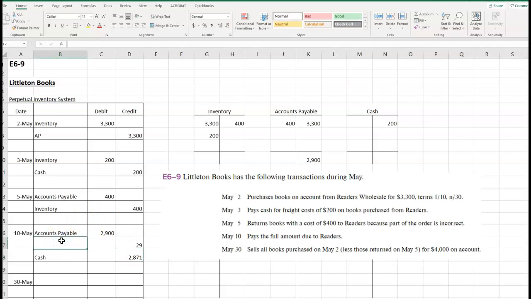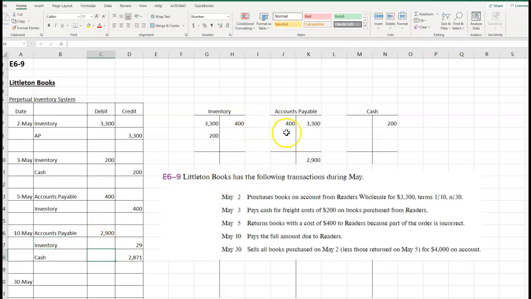That will go to that account. Remember, where did we put the inventory to begin with? We put it in the inventory account. So now our inventory costs less. So we're going to credit inventory for $29.